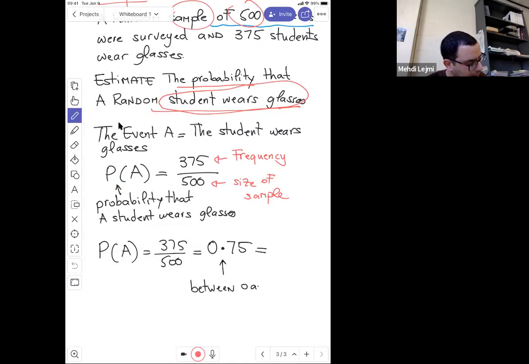And that's exactly what we said about probability. It's a number between 0 and 1. So my answer here makes sense. Now, you need to convert your answer to a percentage. The way to convert your decimal to a percentage is you multiply by 100.